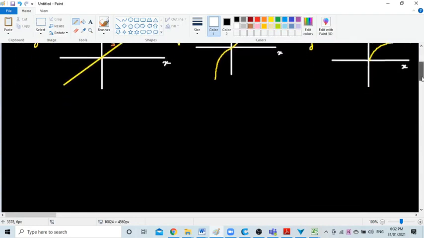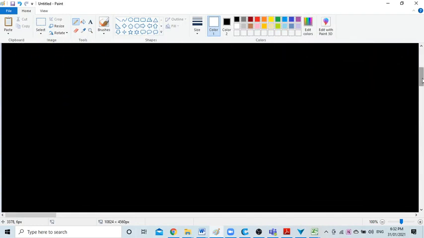Alright, moving on to the next graph, now let's see y equals cube root of x.